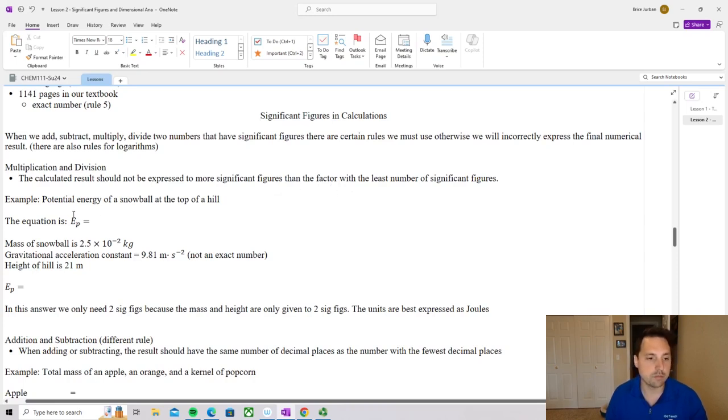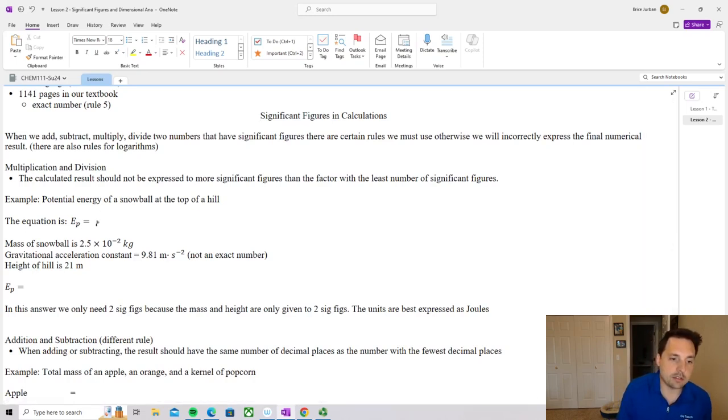significant figures. Let's start with a simple equation, such as the potential energy of a snowball that's at the top of a hill. So potential energy can be represented by the mass times the acceleration due to gravity times the height of the hill.